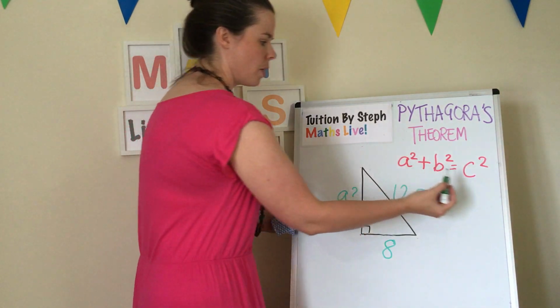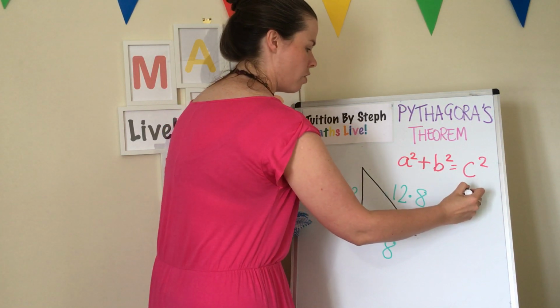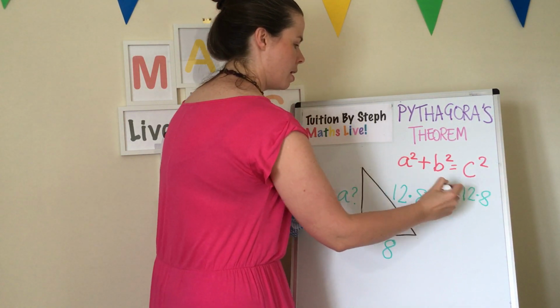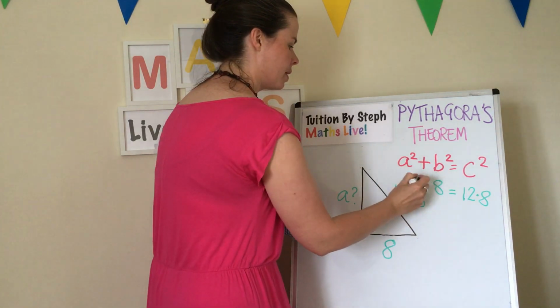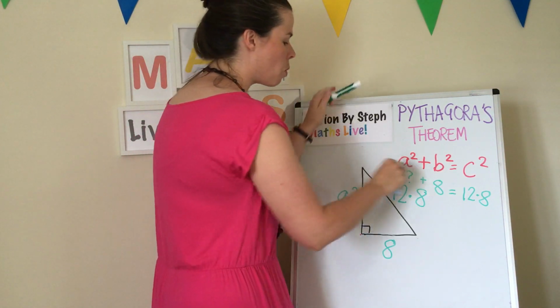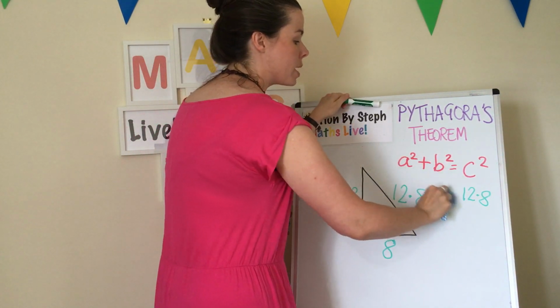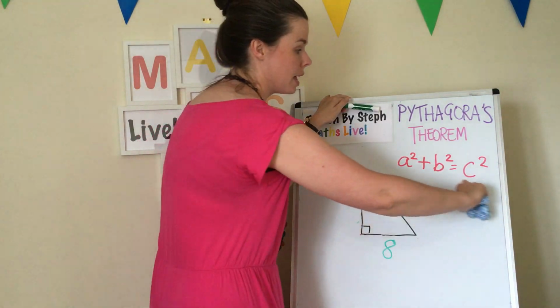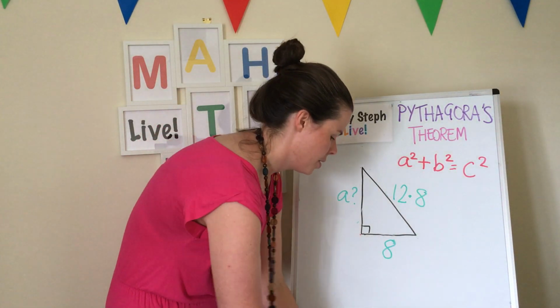Okay, so here it'll be 12.8, plus 8, and we don't know what A is. So what do we do? Right, we have to square both of these numbers to put them into the formula.